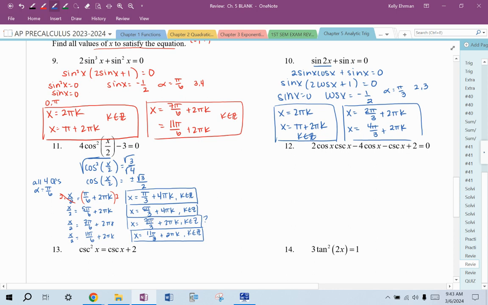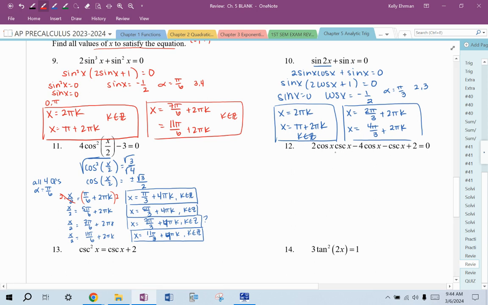This would give me the next, 4 pi k, sorry, 4 pi k. This would give me, let's see, 19 pi k over 3, and I don't think any of these others would give me 19 pi k over 3, so maybe I should have those. I would say better to list them all and have more answers than you need than maybe leave some off. So I'm just going to leave it like that.